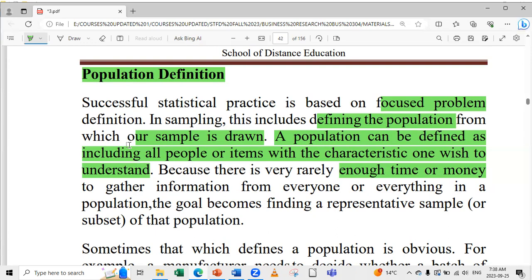If there are 10,000, then this will cost too much time and too much effort. For that reason, we make the experiment first on the sample. What is the sample? Like I said before, it is drawn out of the population. It is the units that represent the whole or the total population. Okay.